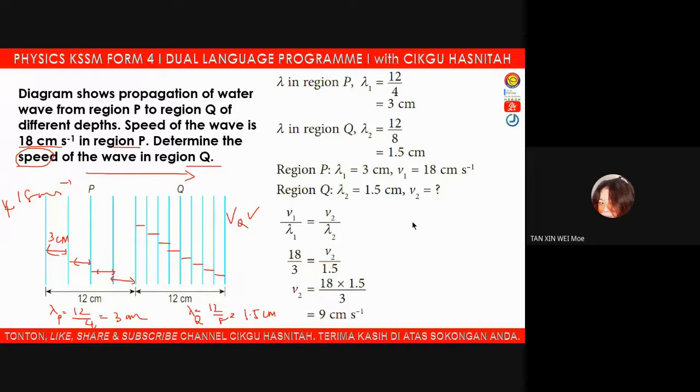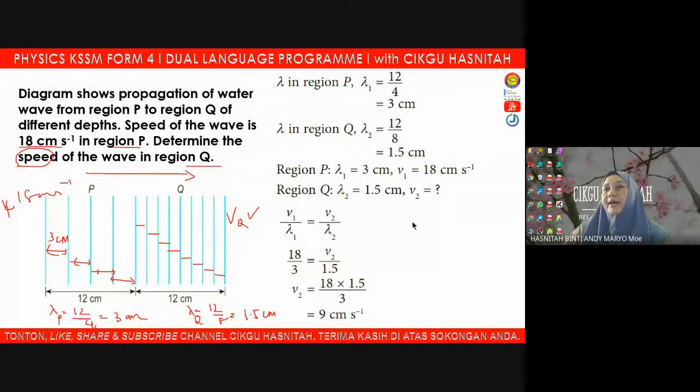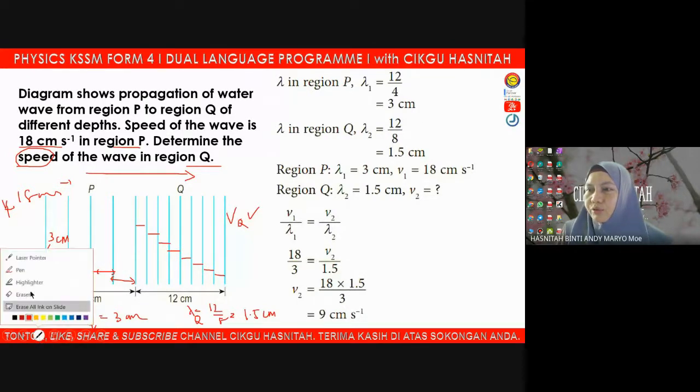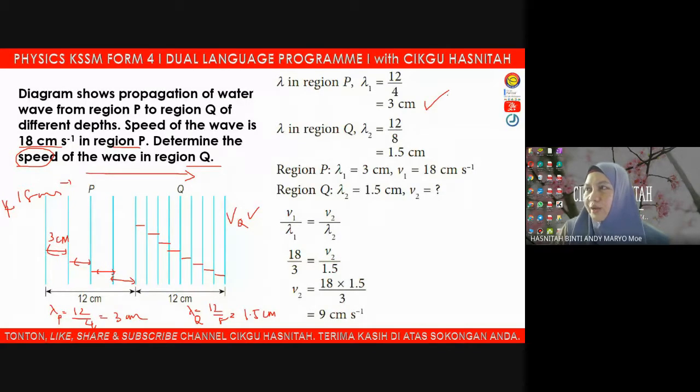Yes. Very good. Simple question only, right? The keyword is you must know how to find the wavelength in region P and in region Q. Then only we do the solution using this equation. When you do the solution, you have to show the steps in order to gain marks. You had better show how you get 3 cm.